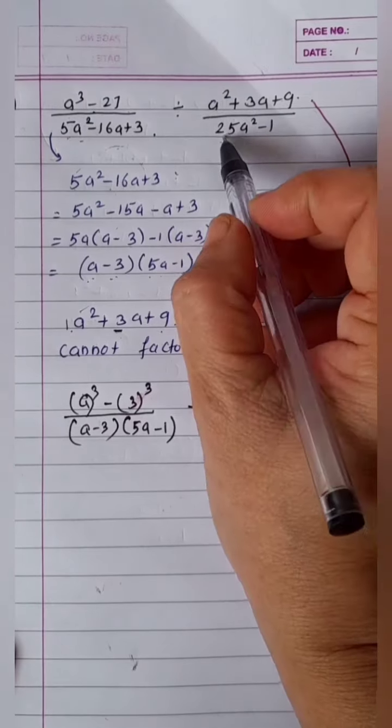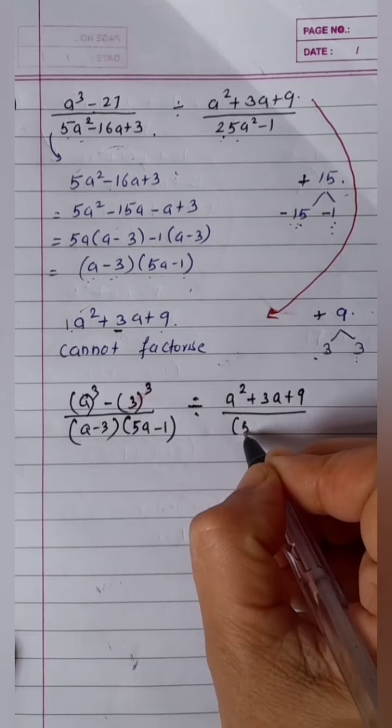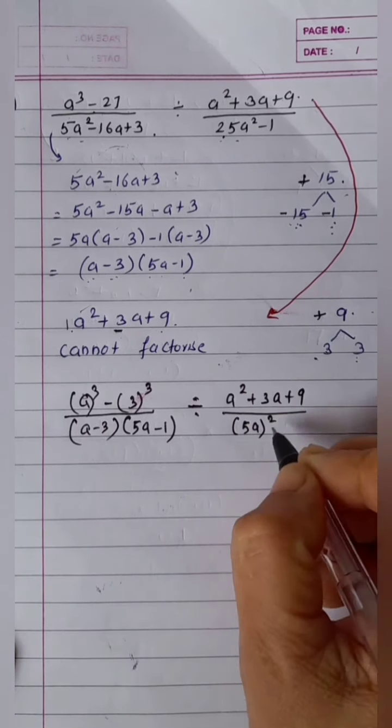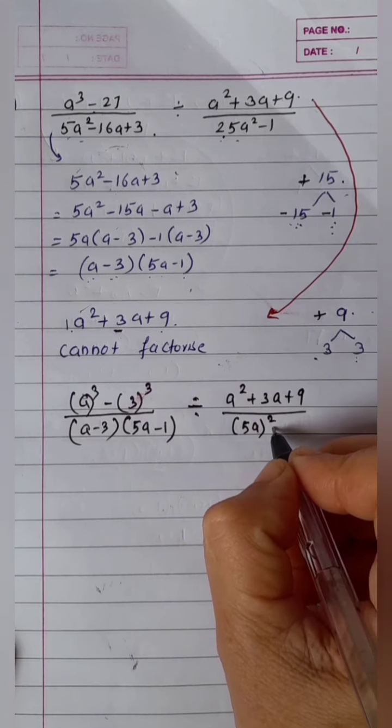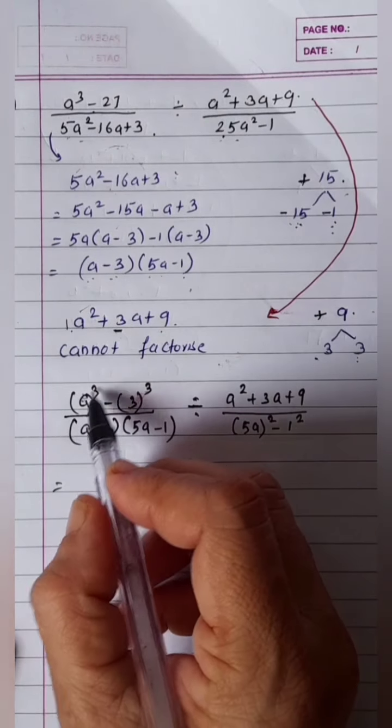This can be simplified as again a square minus b square. 25 is a square of 5, so we have 5a the whole square minus 1 square. Now this has become a cube minus b cube.